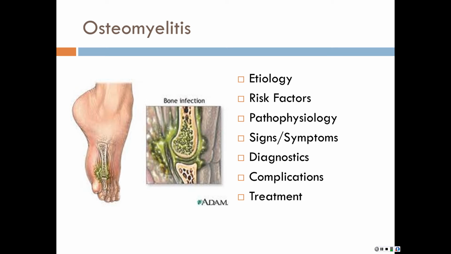As far as complications, things we're concerned about is definitely septicemia, which is sepsis, which can lead to death. Could have septic arthritis, especially if you've got some osteomyelitis around a joint. You could have pathologic fractures.